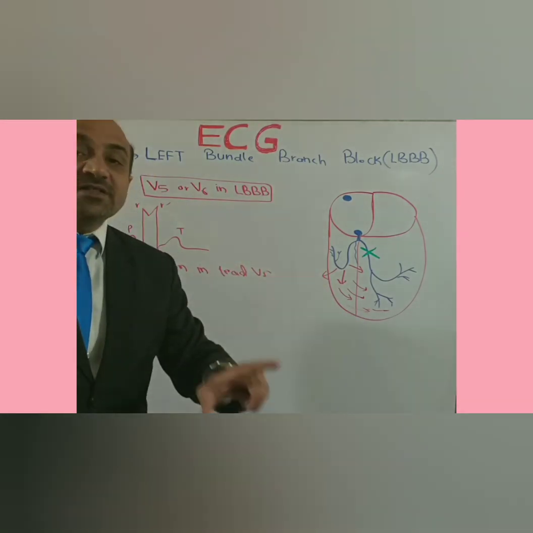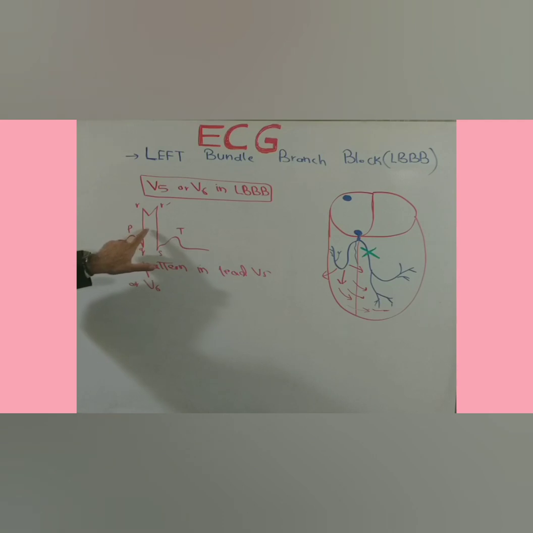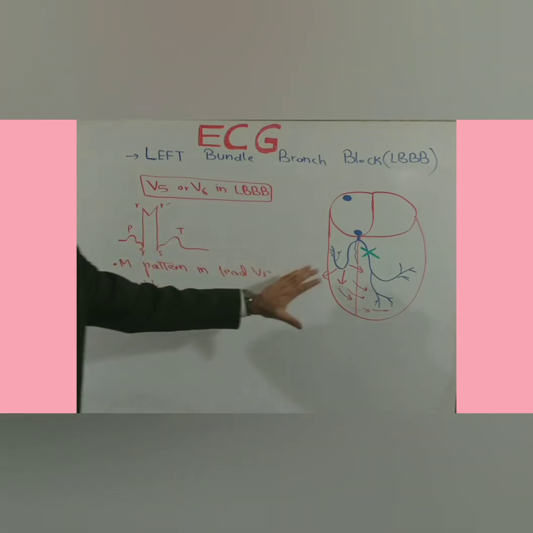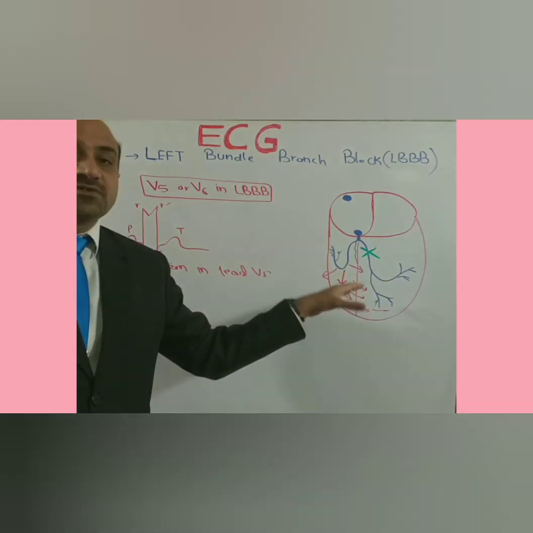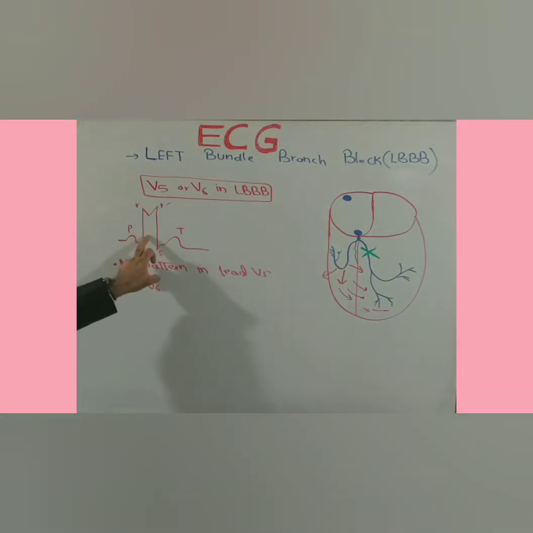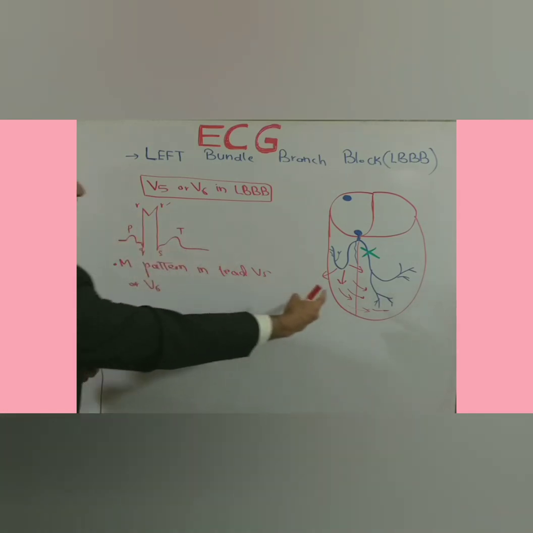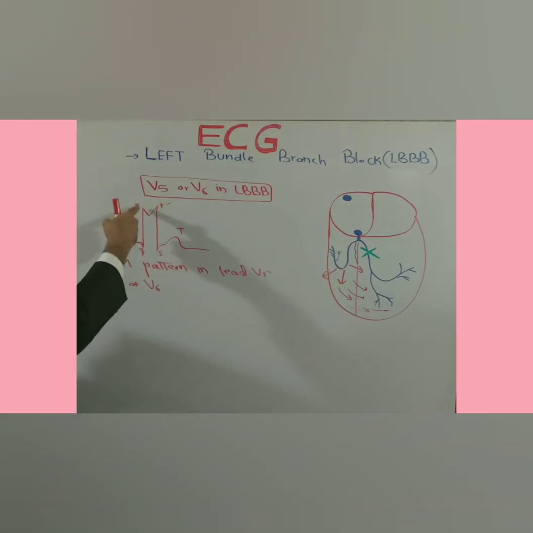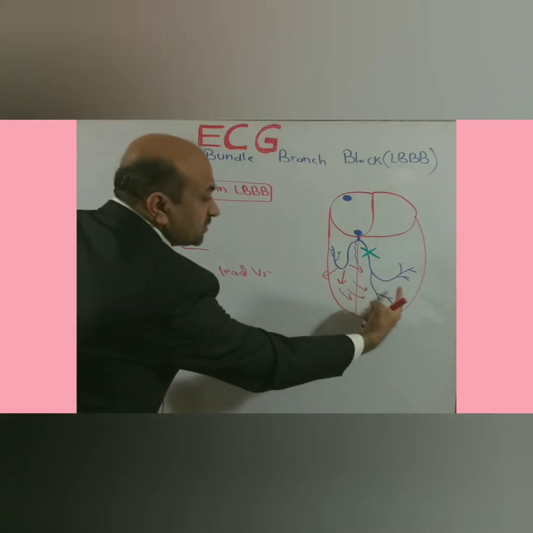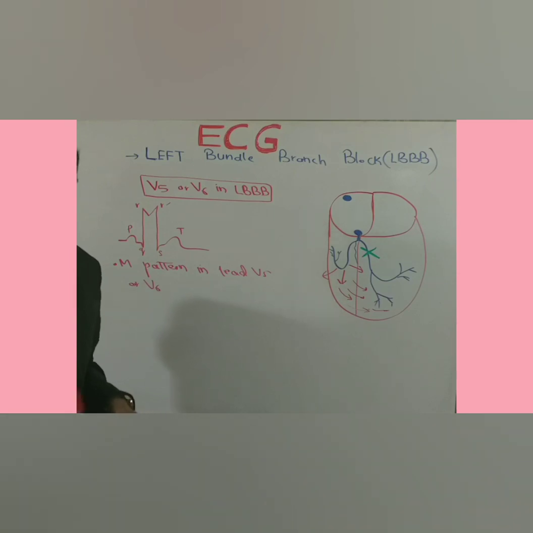Now it's taking longer than the usual time, which broadens the QRS complex. Normally the QRS complex is less than 3 small boxes or less than 0.12 second. But here, because of this transit through the ventricular muscle, which takes longer compared to transit through the bundle branches, there will be broadening. And when this wave of depolarization dies down for lead V5 and V6 and is coming down, by that time the wave of depolarization reaches the muscles of the left ventricle.